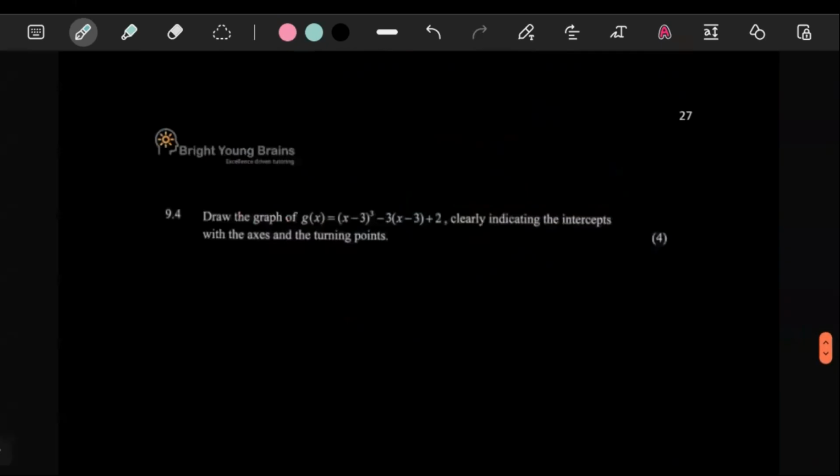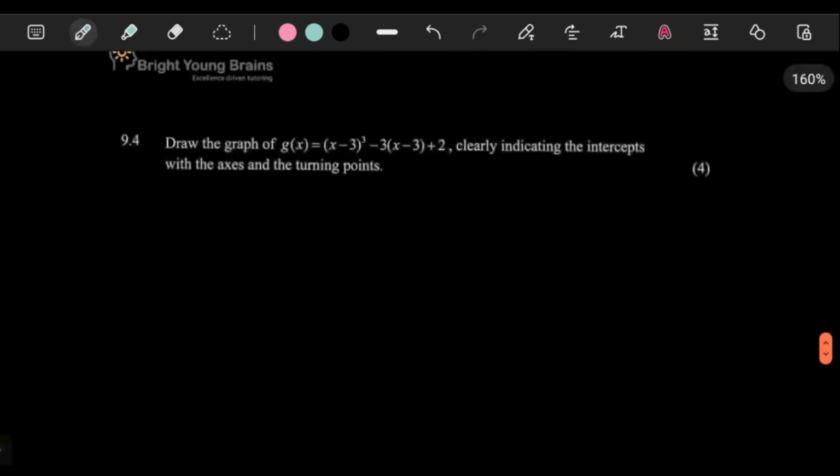Next question, 9.4. It says, for the former question, draw the graph of g, where g of x is f of x minus 3, clearly indicating the intercepts with the axes and the turning points.